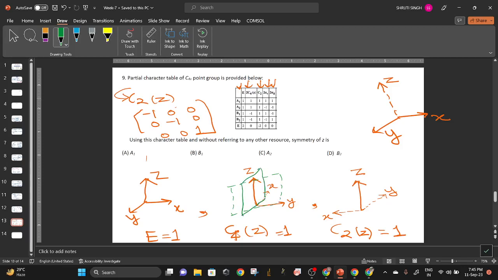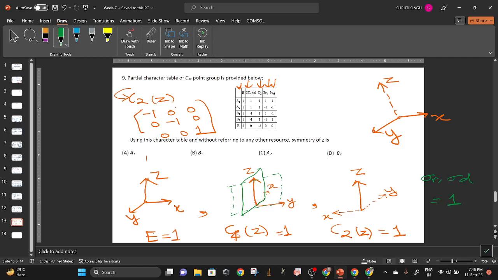There will be two, one along the x direction and one along the y direction. So the planes will be xz and yz. So since these planes contain z, there will be no change for z. So for sigma v and sigma d as well, the character will be 1.